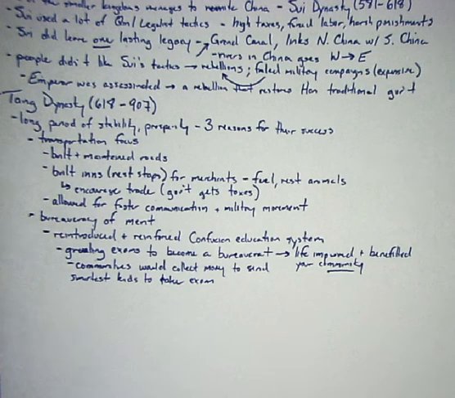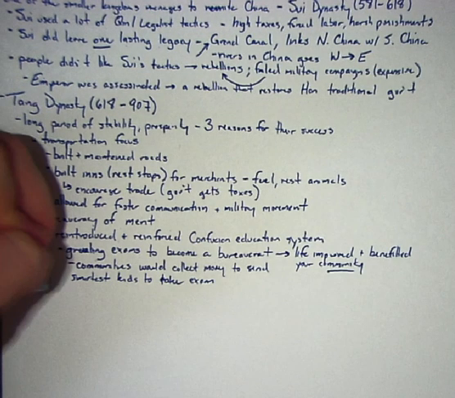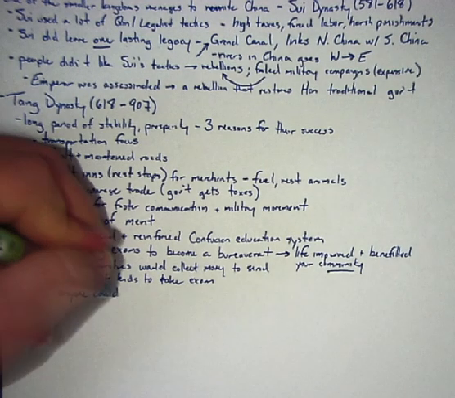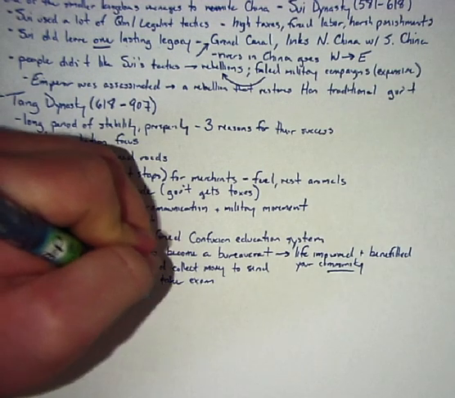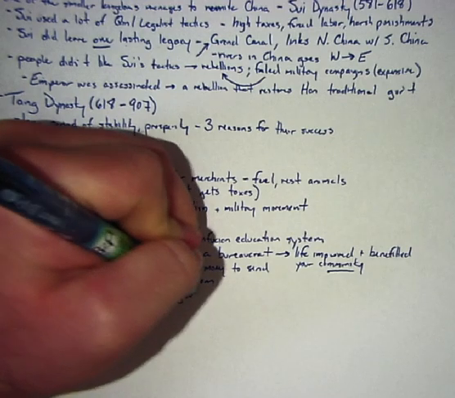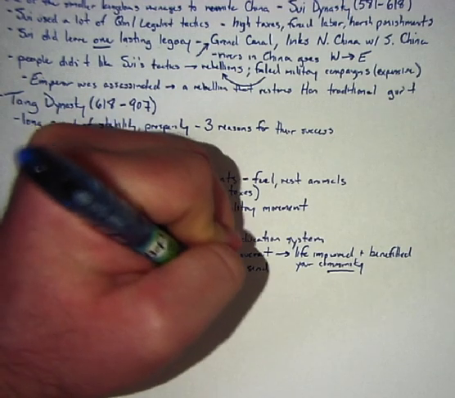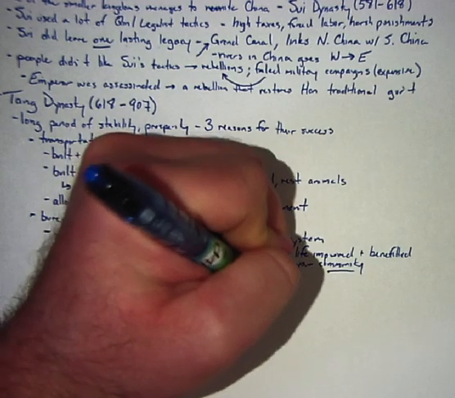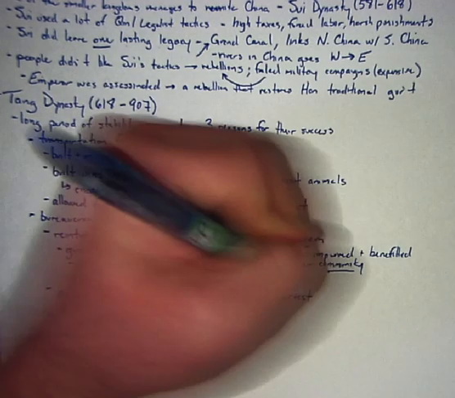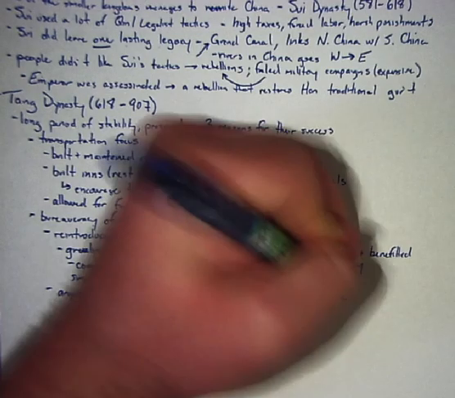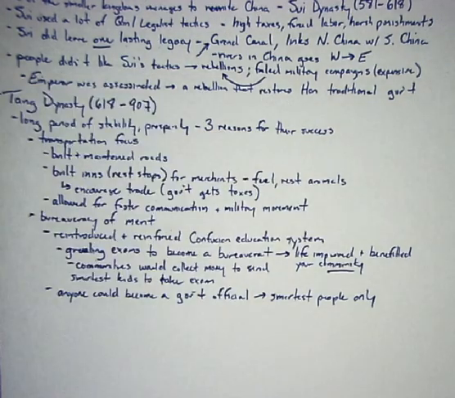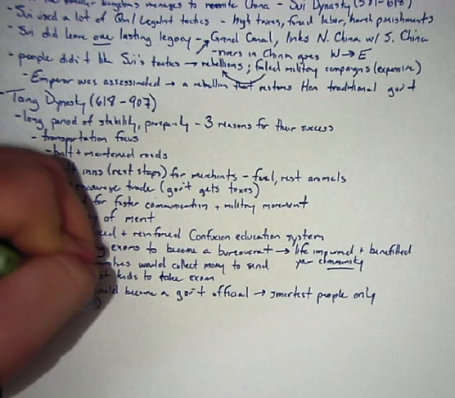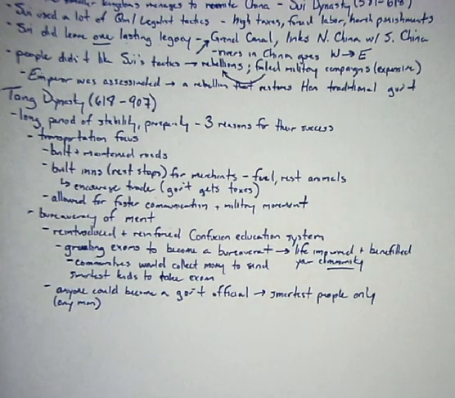Another really good thing about the bureaucracy of merit was that anyone could become a government official, because only the smartest people were allowed to do this. And of course, when I say anyone, I mean any man. Women weren't allowed to do this.